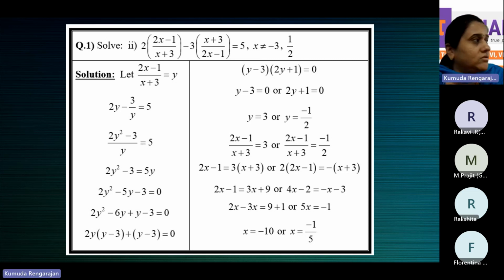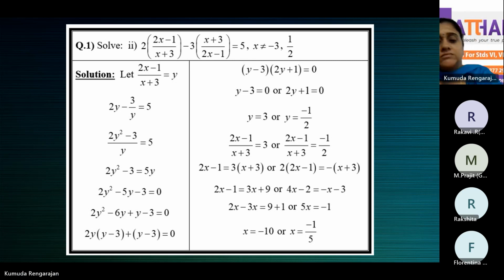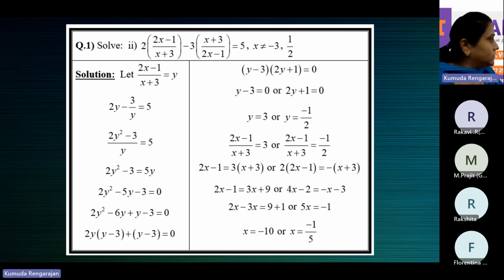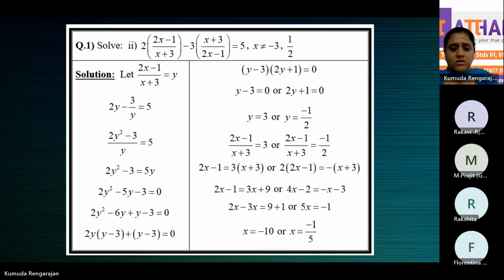Done? Any questions? Yes, Ranjan. Transpose 2x minus 3x is equal to 9 plus 1.